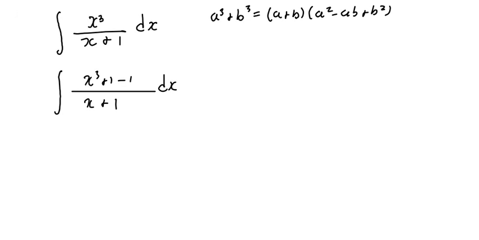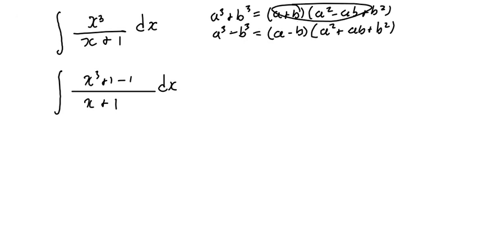Then for the difference of cubes, we have a to the power 3 minus b to the power 3 is equal to a minus b, then a squared plus ab plus b squared, like that. So what I would want to use is this one right here, the sum of cubes.